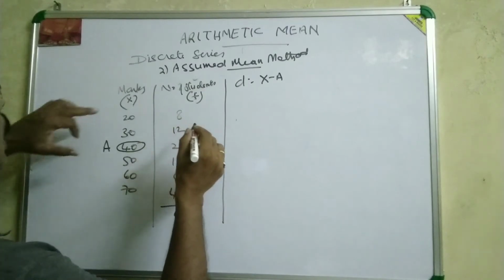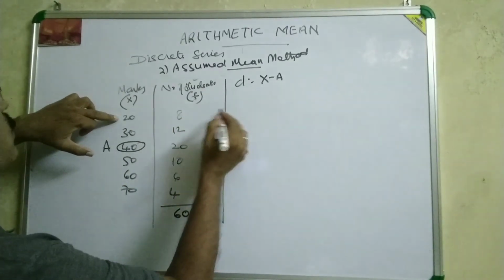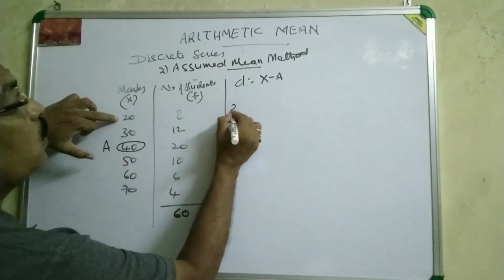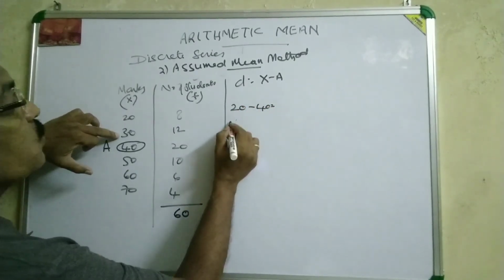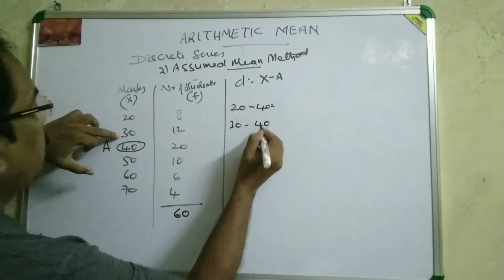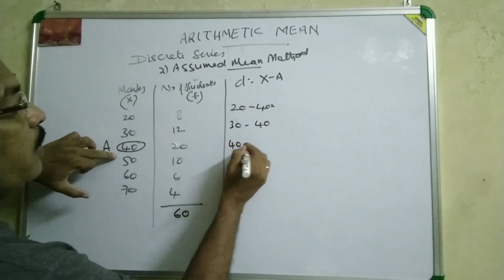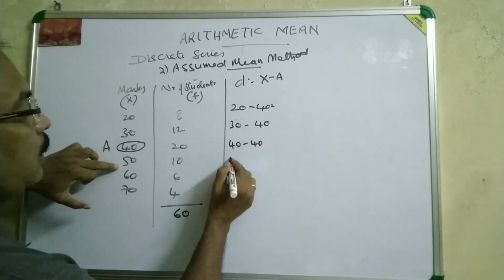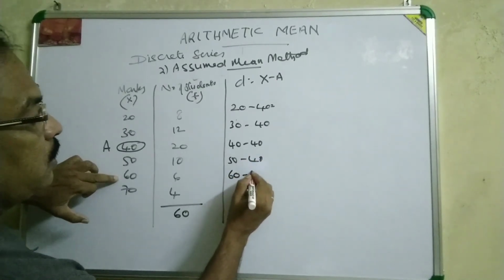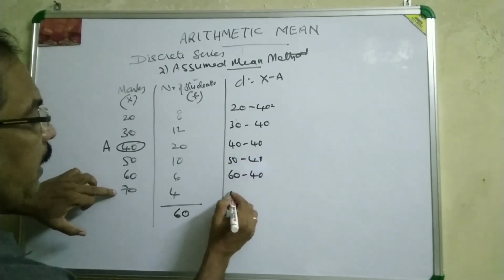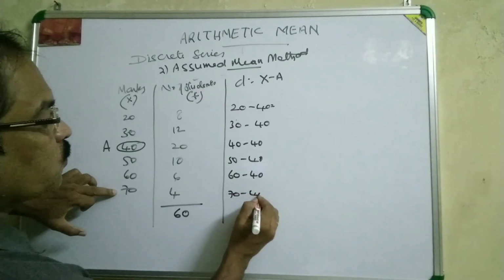So here d is equal to x minus a. What is x here? 20, so that will be 20 minus 40. Then it is 30 minus 40. Then 40 minus 40. Then 50 minus 40. Then 60 minus 40 and 70 minus 40.